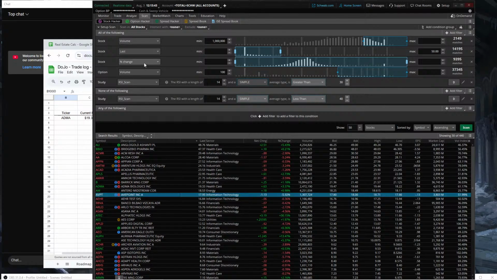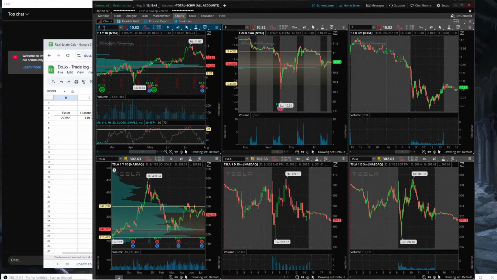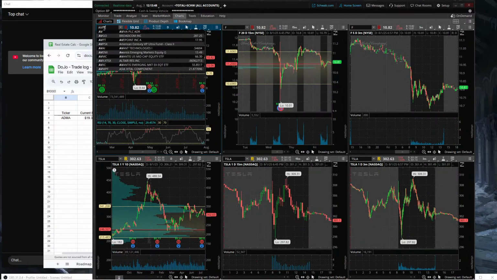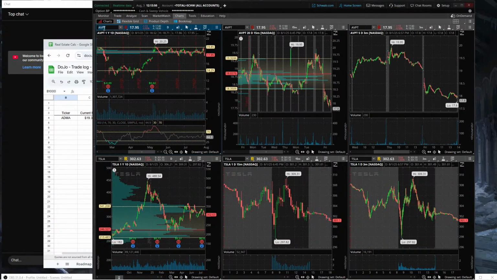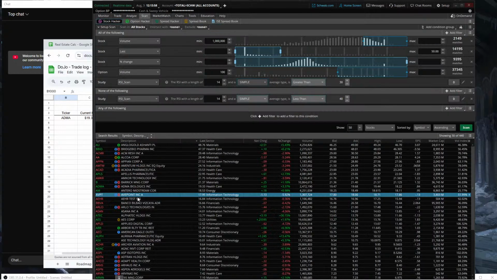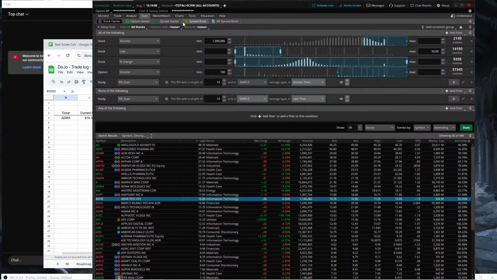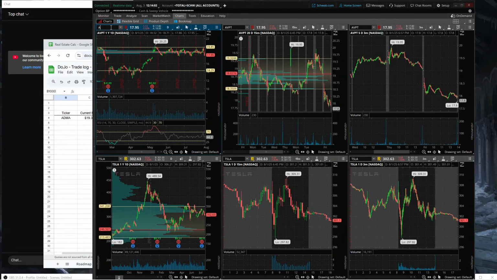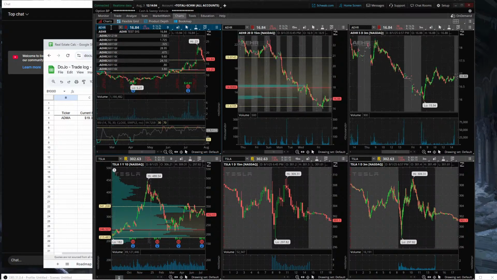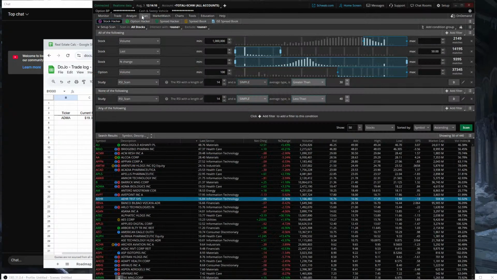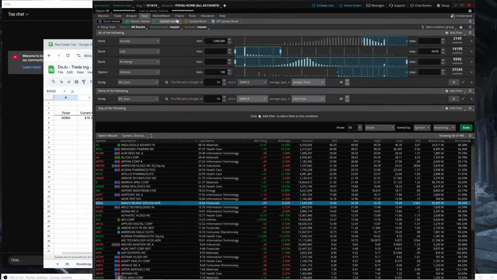We could go to AVPT. 1795, they're coming down. You can see the RSI coming straight down. It's not a good look. AEHR, they're coming down as well. Not a good look. EBVA.